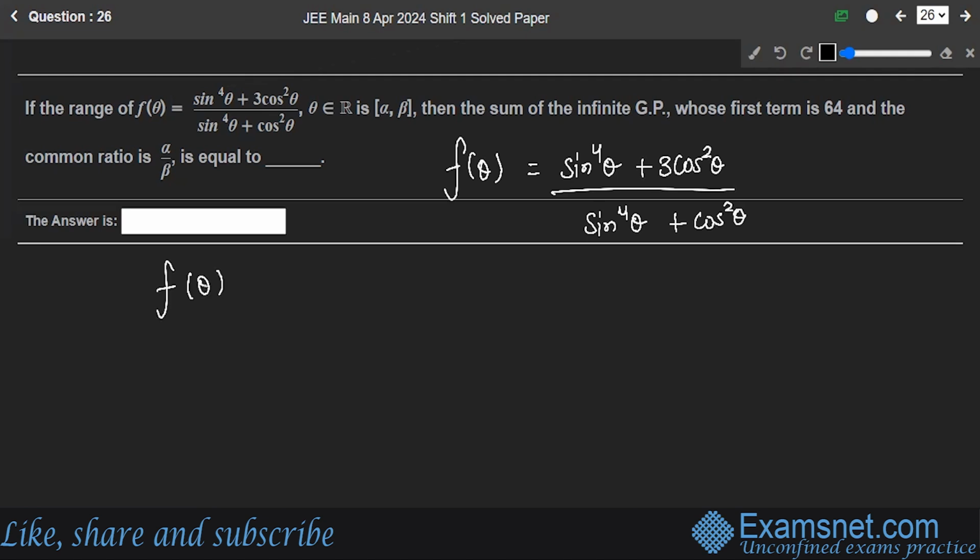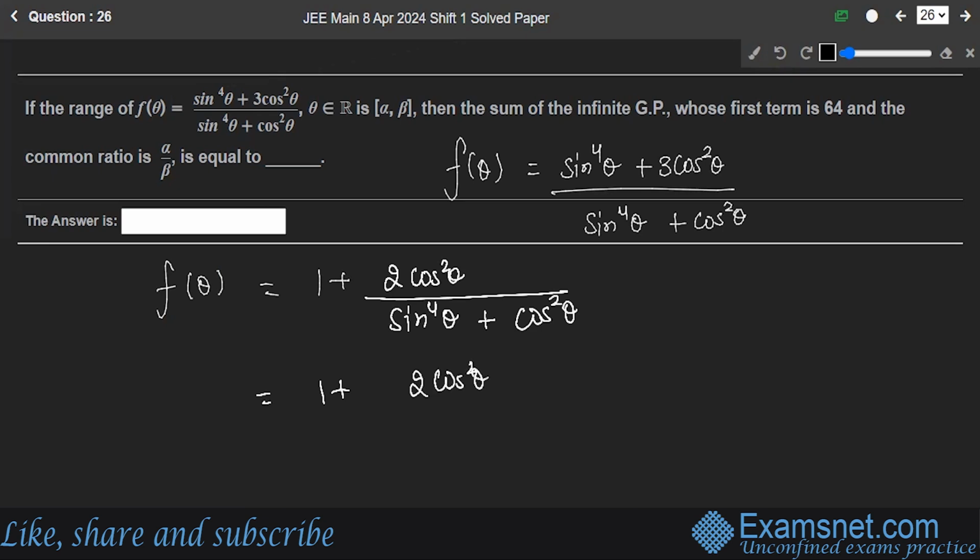Let's break up the numerator. This can be written as 1 plus 2 cos square theta upon sine power 4 theta plus cos square theta. So this is equal to 1 plus, let's open up the denominator. This can be written as cos power 4 theta minus cos square theta plus 1.